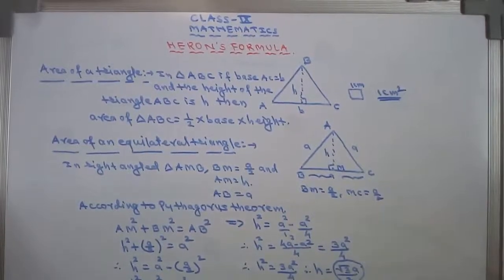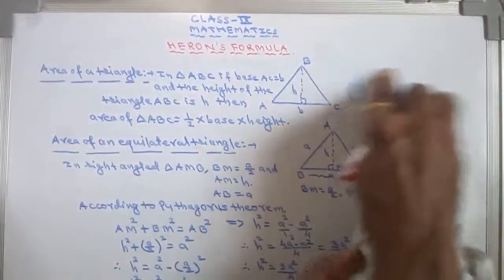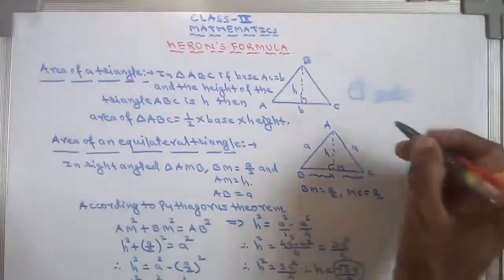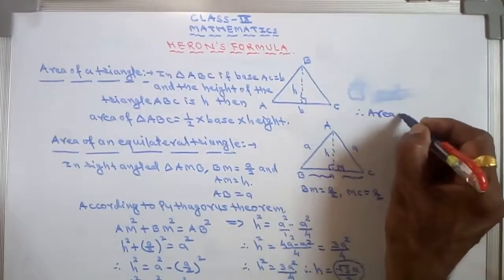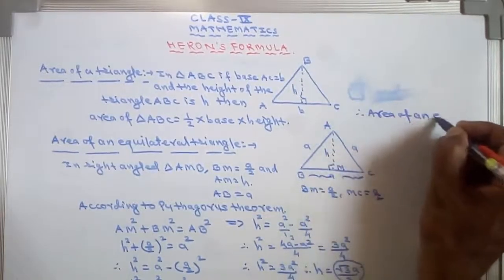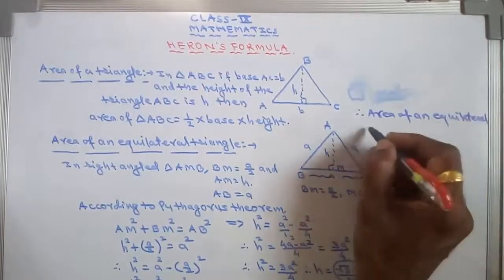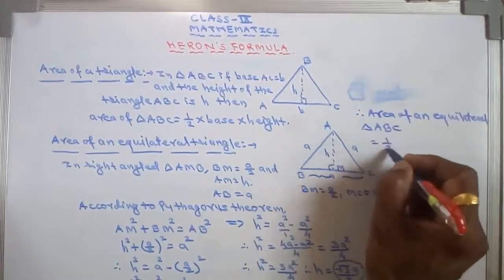Now we can easily find the area of this equilateral triangle ABC. Therefore the area of the equilateral triangle ABC equals half into base into height.